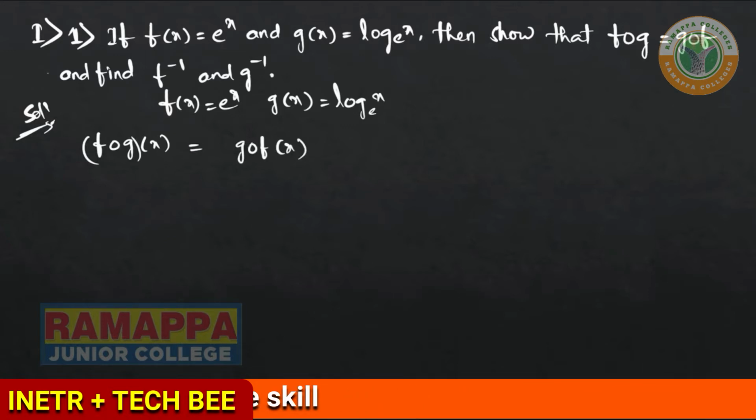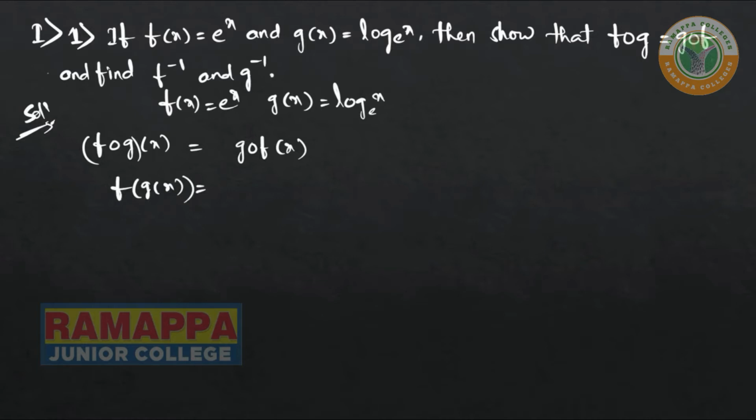So it becomes f of g of x and g of f of x, and now we have to substitute the values and show that these two are equal.